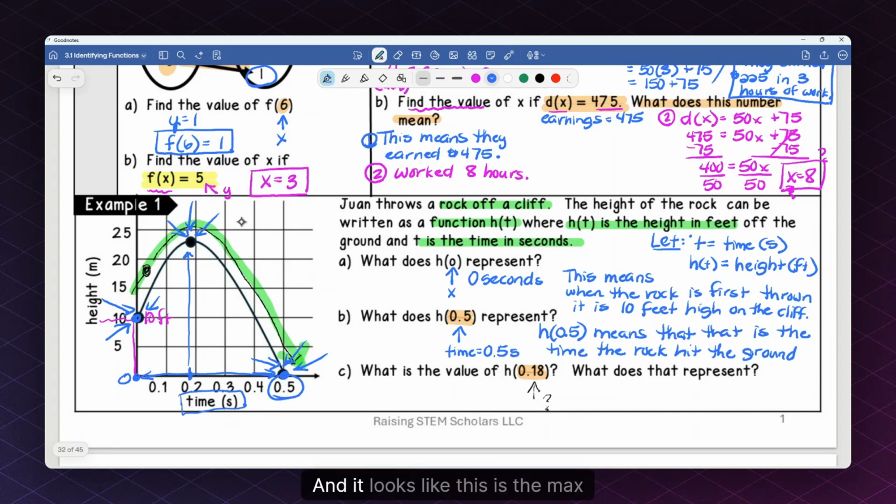Okay. And it looks like this is the maximum height that rock went up in the air before it started falling back down. And we can even tell by reading the graph, the maximum height looks like it might be about 23 feet. Okay. So what does h of 0.18 mean?